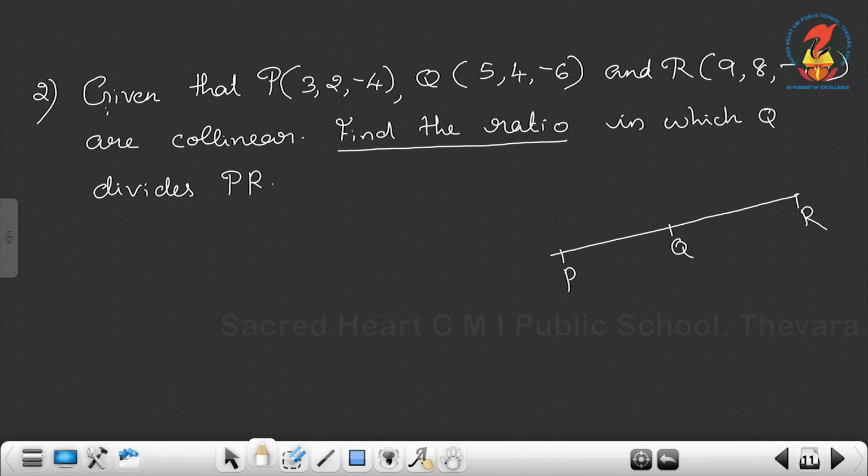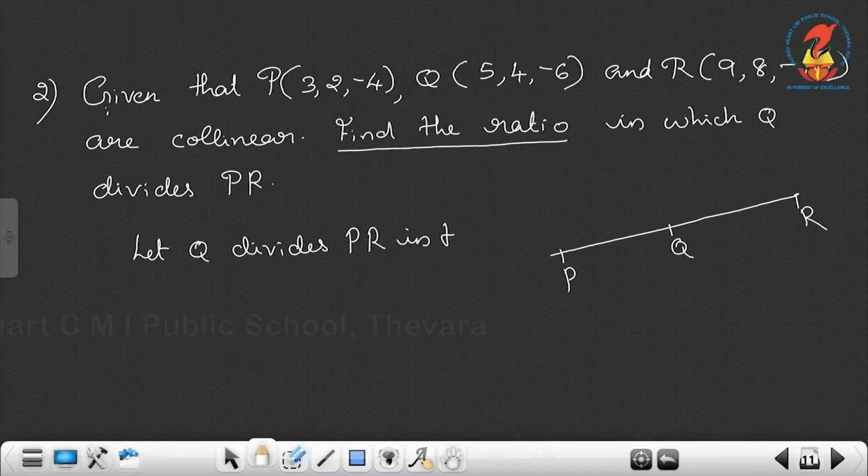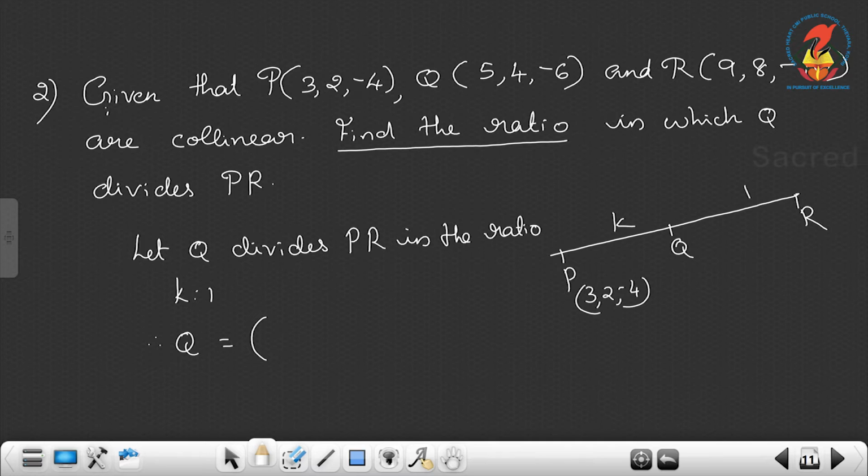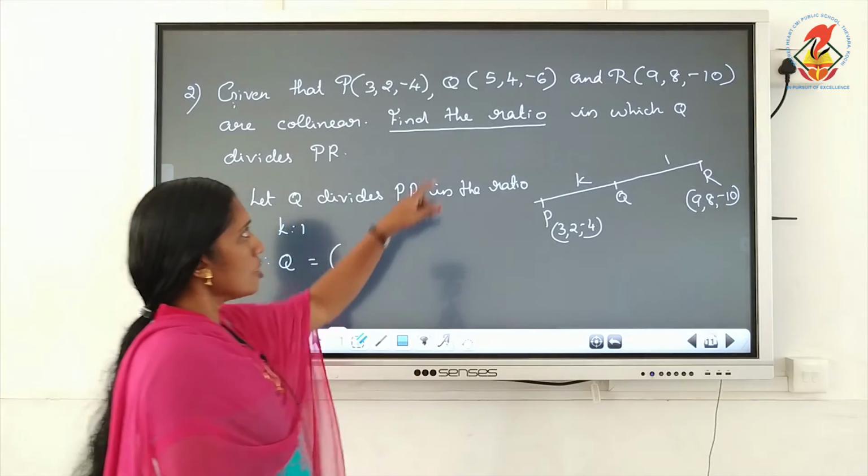Let Q divide PR in the ratio k is to 1. Therefore, coordinates of Q, what is P? P is (3, 2, minus 4). Now R is (9, 8, minus 10). Okay. So the coordinates of Q is also given.